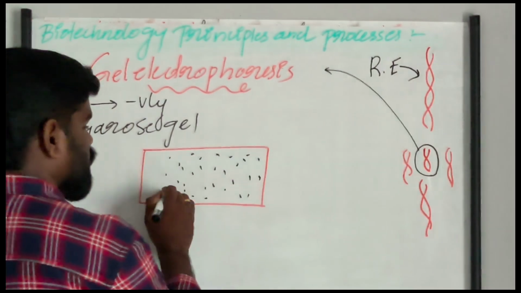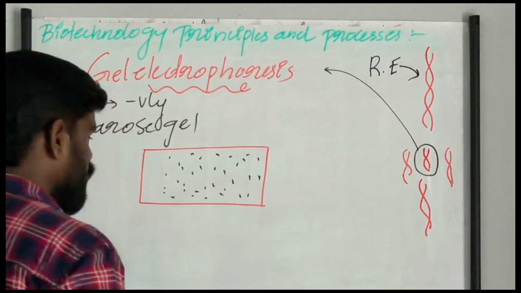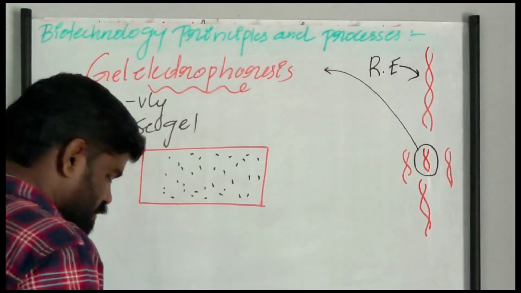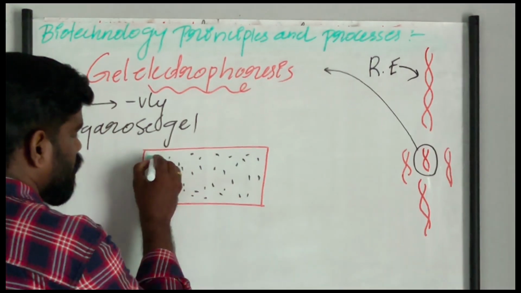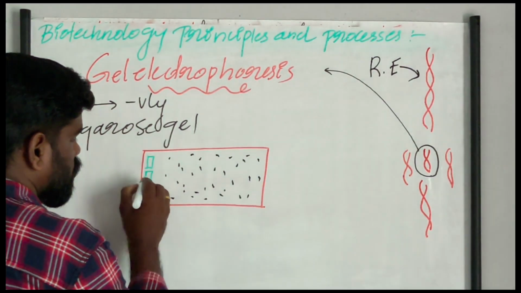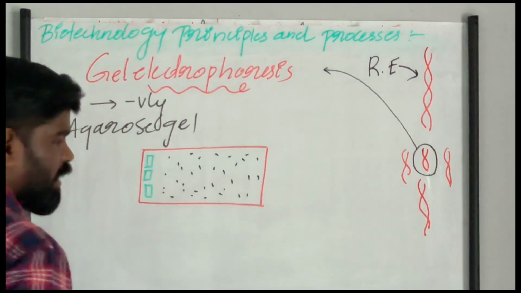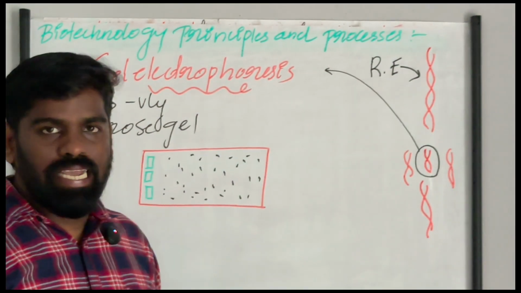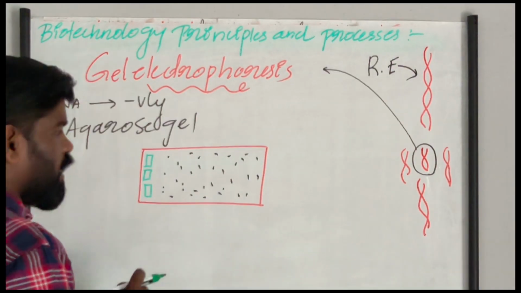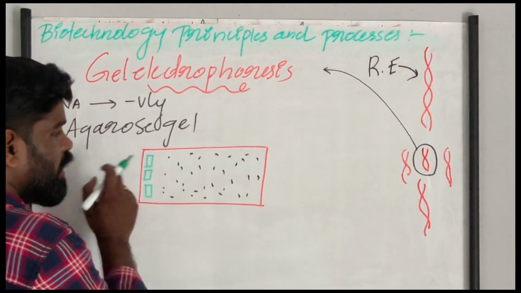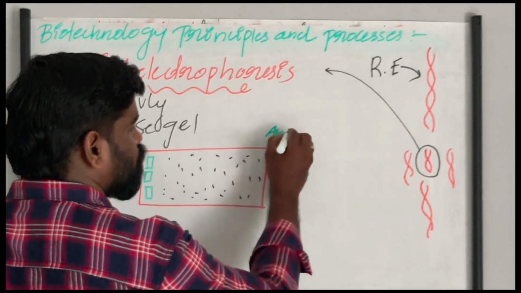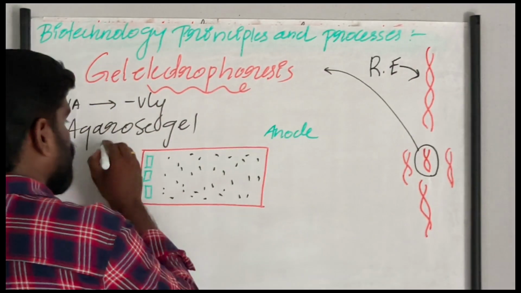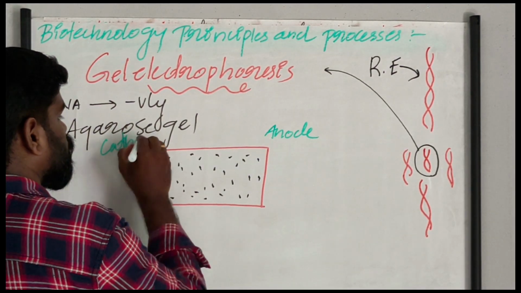On this side, in the well, we will fill the DNA fragments. As I have already told you, the DNA is negatively charged. So this is the anode end, and this is the cathode end.